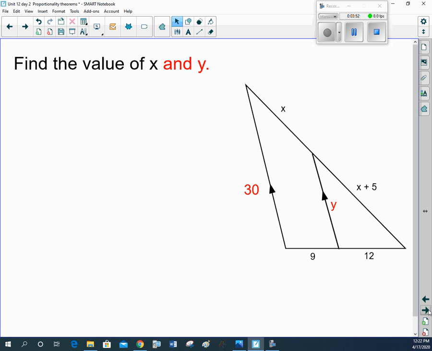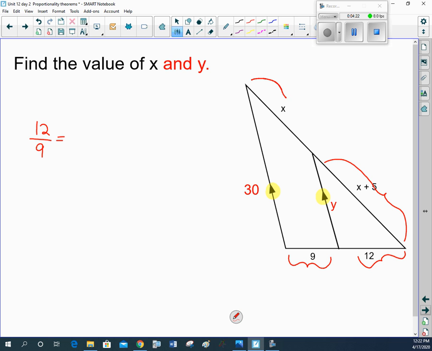Okay, here's another one. Find the value of x and y. So looks like to me, because of these markings right here, I've got parallel lines. So I know that this side right here is in proportion to the 9. And so I could say 12 over 9 is equal to, and it's in proportion with this piece right here and this piece.